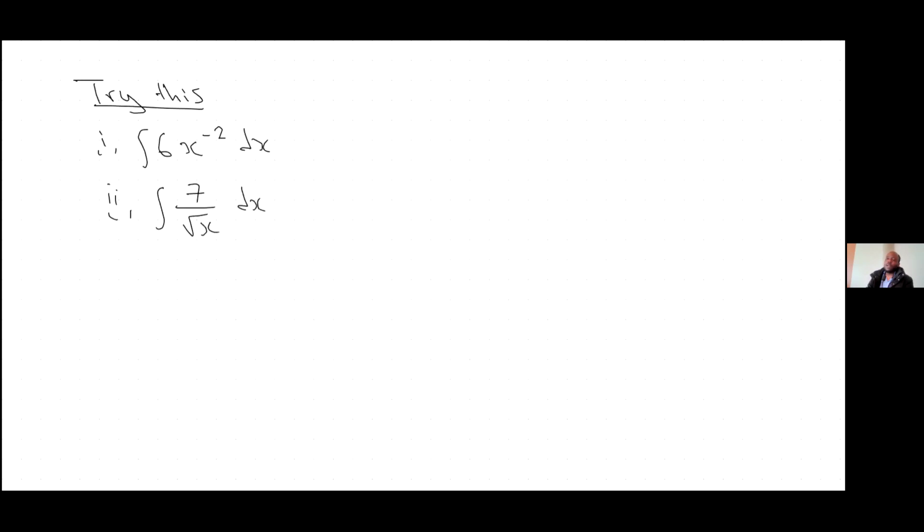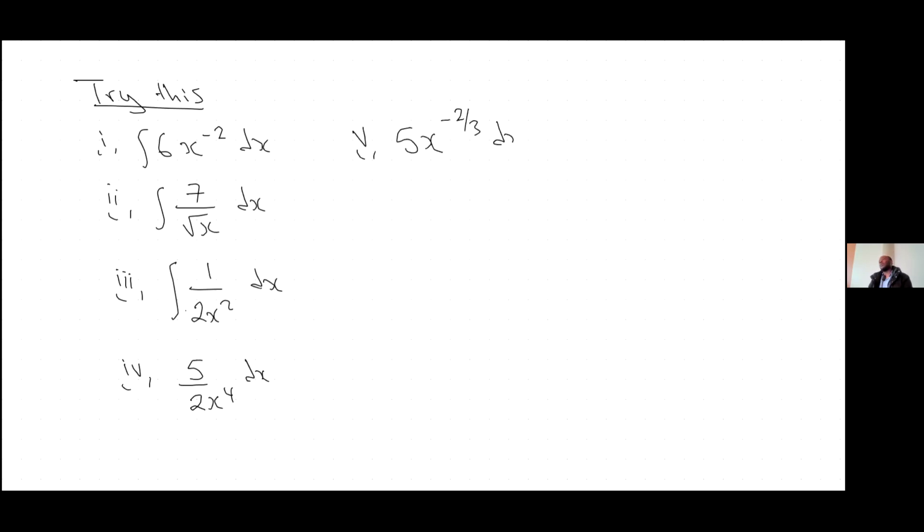Number 3, integrating 1 over 2x squared with respect to dx. Number 4, integrating 5 over 2x to the power 4 dx. And number 5, integrating 5x to the power minus 2 over 3 dx. You can try this, put your answer in the comment section, and discuss with a friend to see if you both get the same thing.